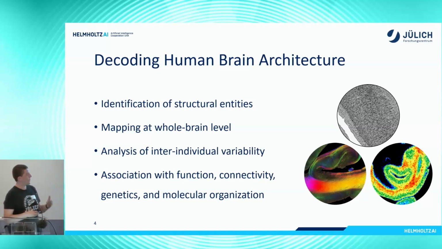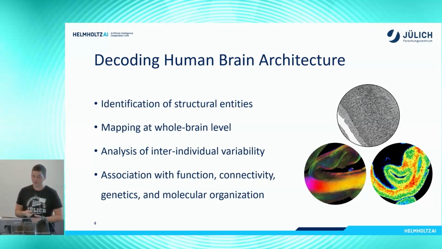And we want to define and identify these structural entities at a whole brain level and identify them in a mostly automatic way, to also address the fact that we have quite a lot of inter-individual variability. So we want to be able to, at a large scale, analyze large amounts of imaging data and map these structural entities to, at the end, associate them with functional connectivity, genetics, and molecular organization.